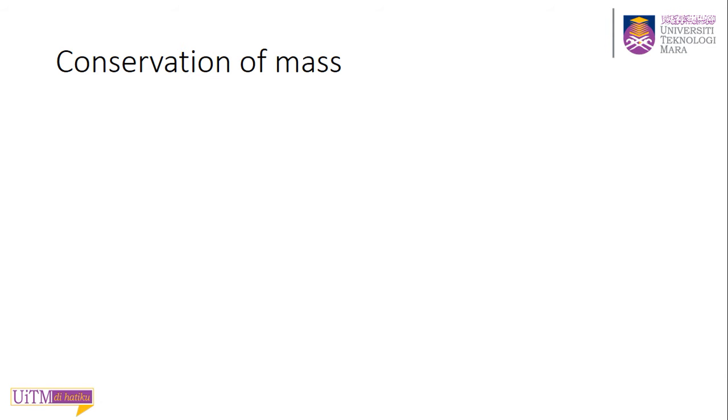Whenever you talk about conservation of mass, there are three very important parameters. The first one is what we call Q, the volume flow rate. The volume unit is meter cubed.